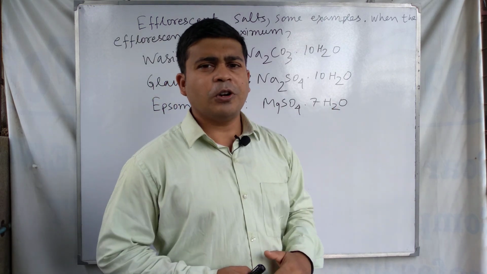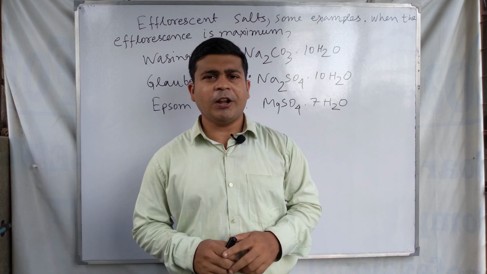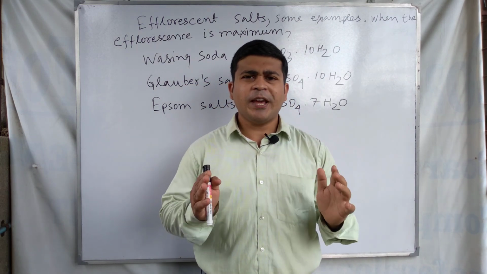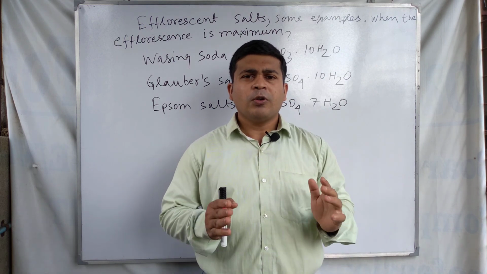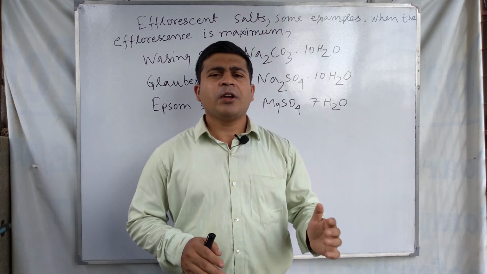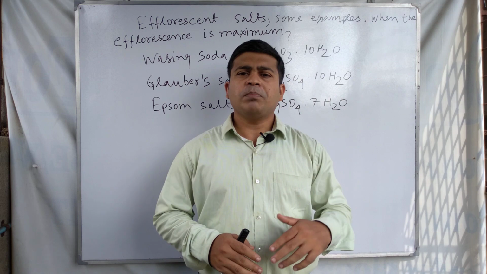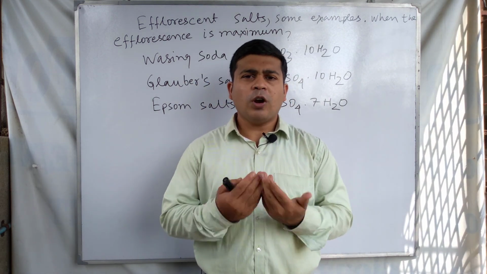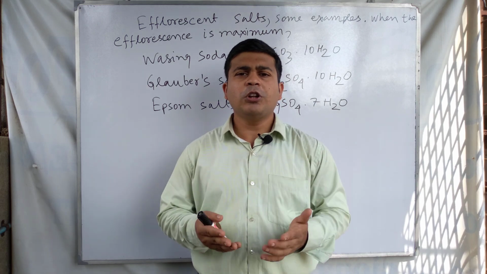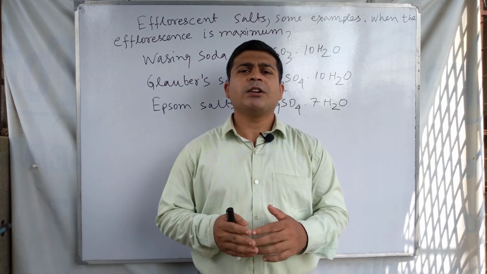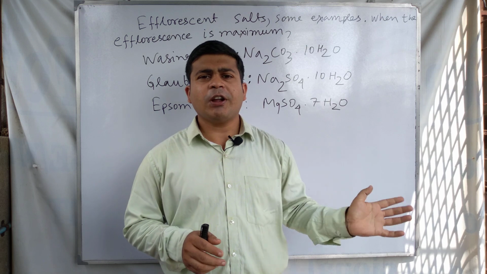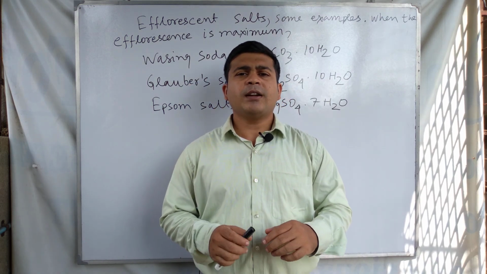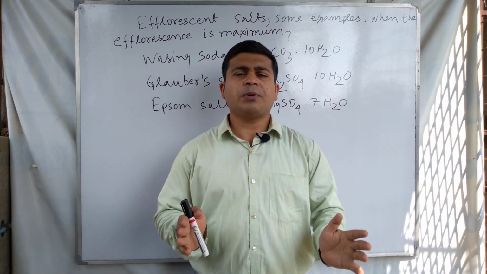For hydrated salts, or salts that have water of crystallization, when this type of salts are kept in the atmosphere at room temperature in open air, that time this type of salts or substance loses their water of crystallization either fully or partially, and due to the loss of water of crystallization, these become an amorphous, powdery substance, called anhydrous substance.